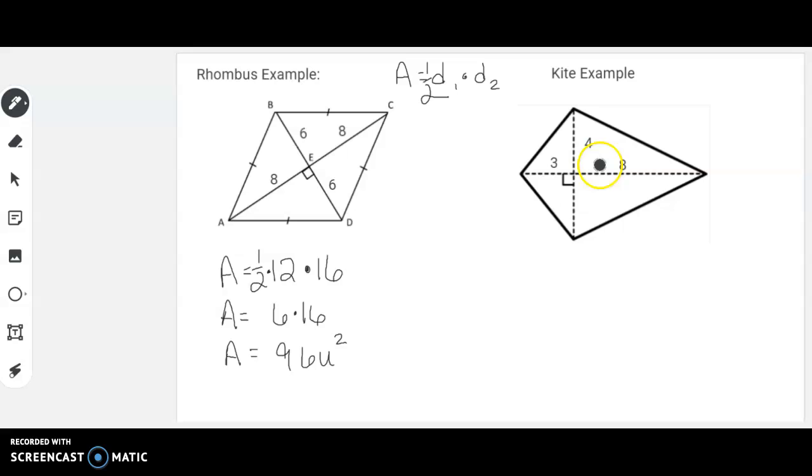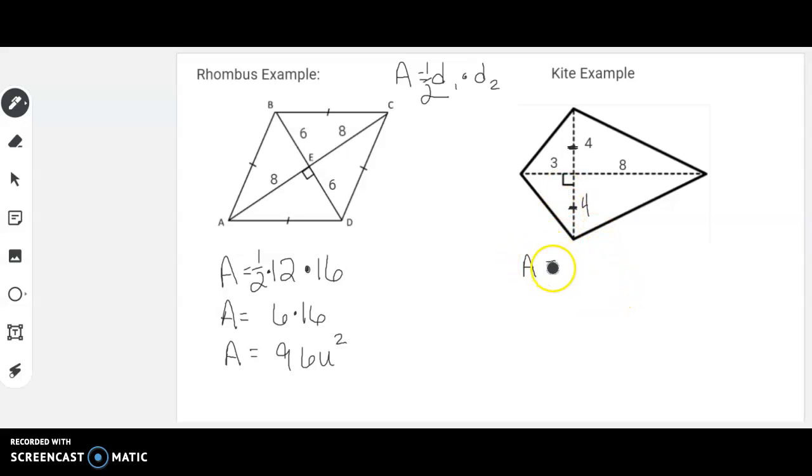Same thing for the kite. It's going to be diagonal 1 times diagonal 2, and take half of that. Okay, so we do have enough information here. For a kite, we do know that the shorter diagonal is bisected. It is split in half by the other diagonal. It's the only one that's bisected, so I do know this piece is 4.